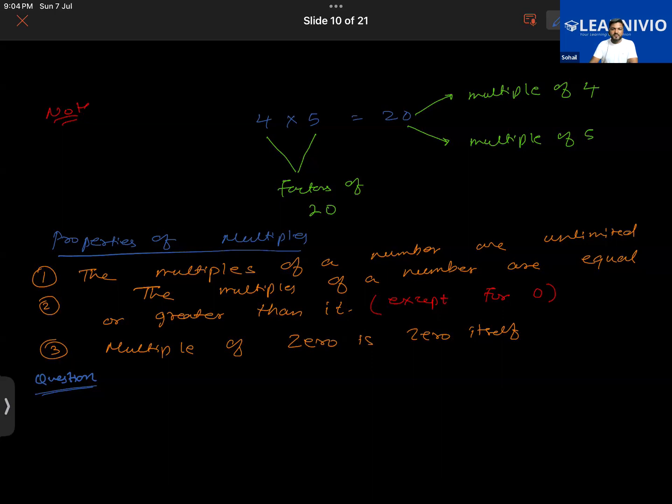So hope you're getting it. Can you tell me which is the smallest three-digit odd composite number? Habib, think of the smallest three-digit odd composite number.